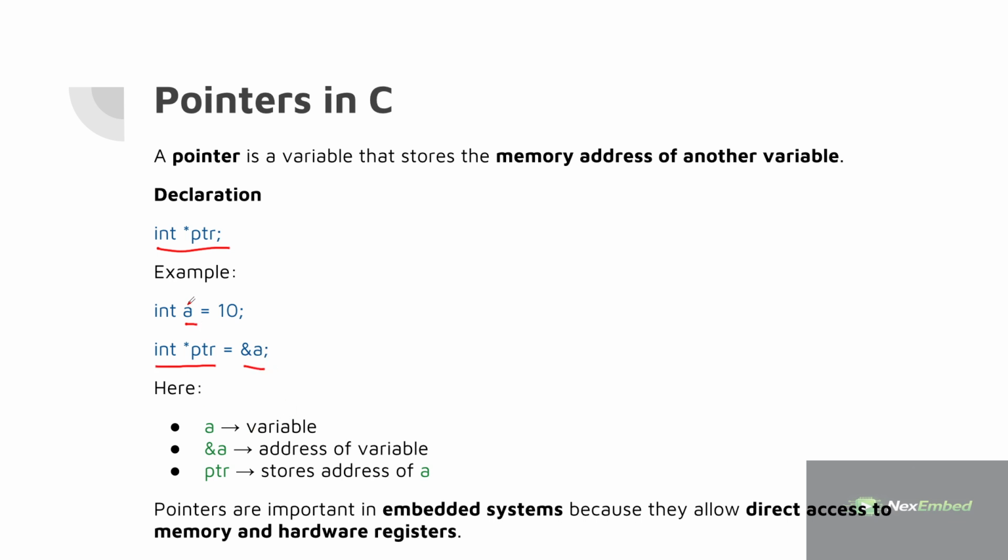Here we can say a is a variable and &a is nothing but the address of this particular variable. For example, this is a. Inside a, I am storing the value 10. And this a must be at some address, right? For example, we can take the address as 2000.